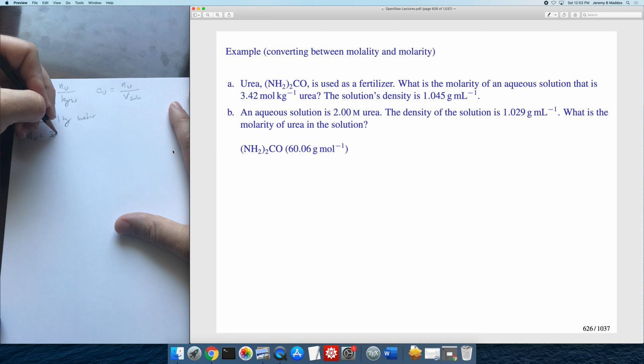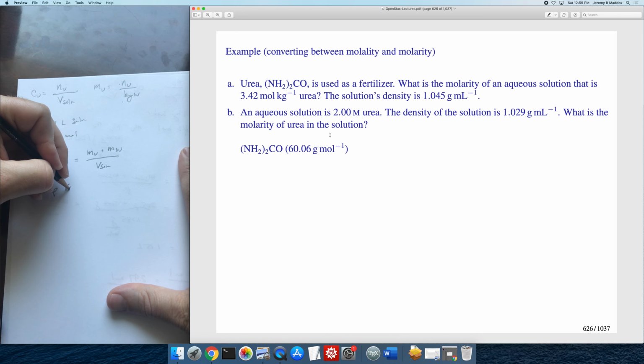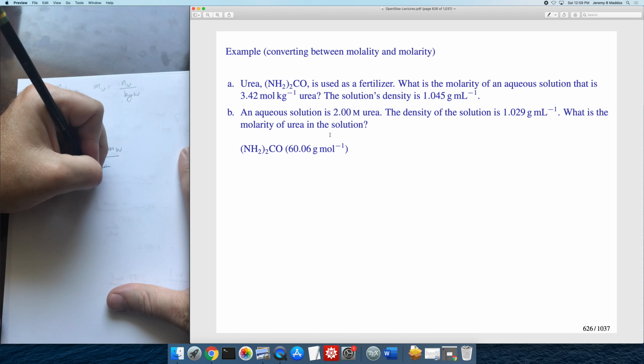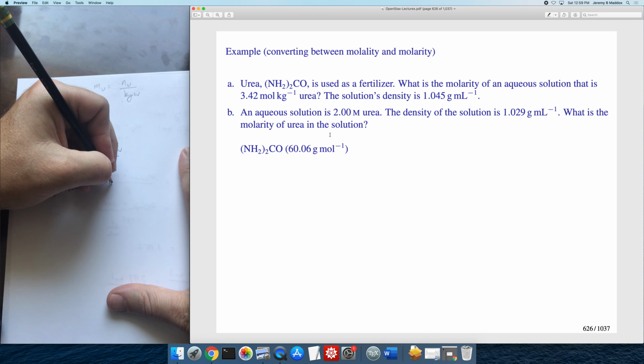The mass of the solution is going to be the mass of the urea plus the mass of the water. So what we're solving for is the mass of the water. So rearranging, the mass of the water is equal to the density times the volume of the solution. That's the total mass, and we'll subtract off the mass of the urea.